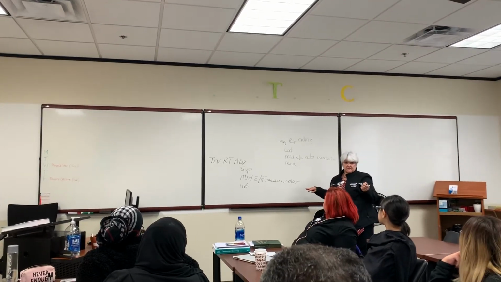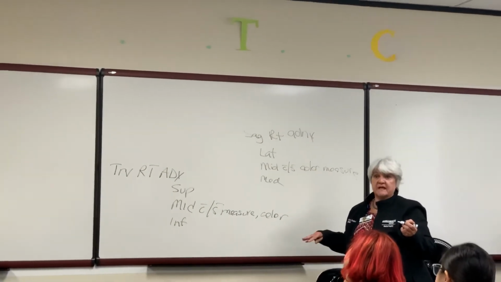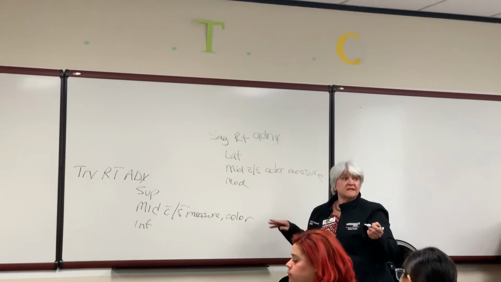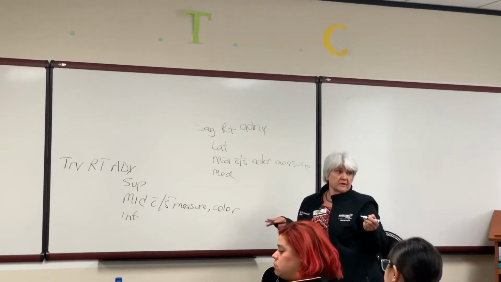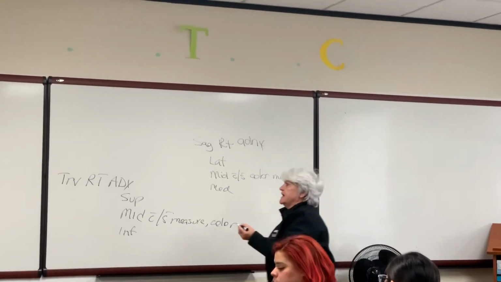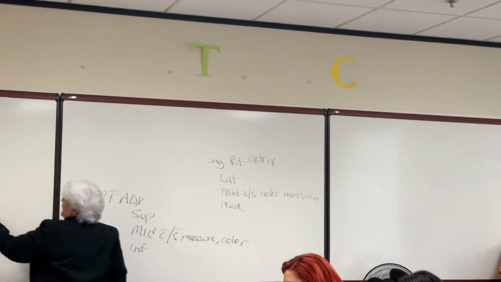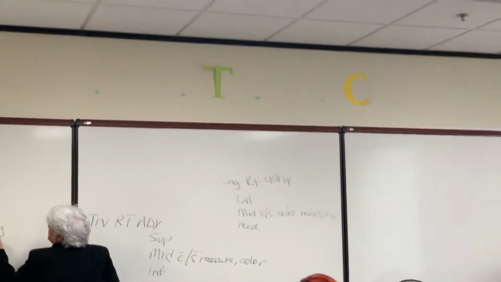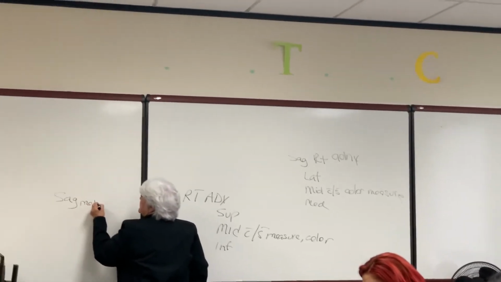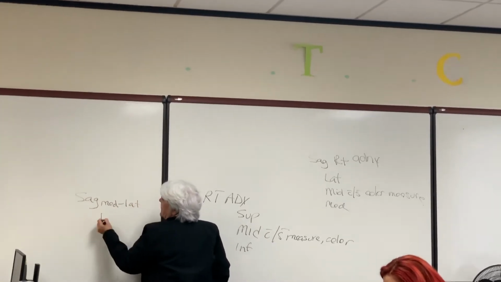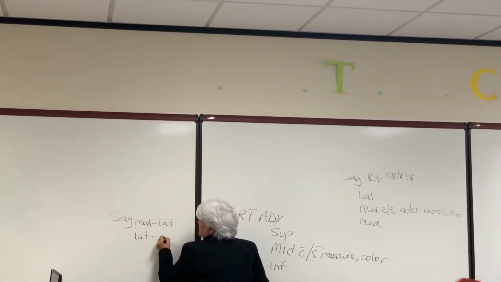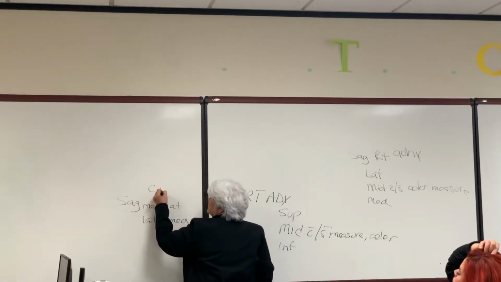The measurements. Okay, you're gonna have to guesstimate the measurements because it's a complex area. Next, you're gonna do a sagittal, medial to lateral, or lateral to medial. This is on a cine.